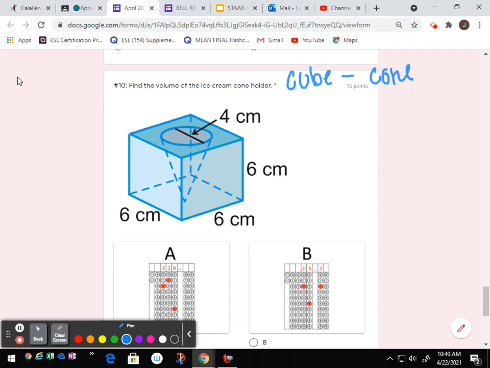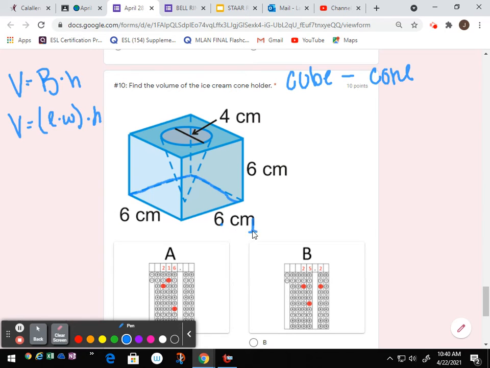So let's start off with finding the cube. Remember, the cube is the same thing as a rectangular prism. We have big B times H. Remember from the last one we said the area formula for a rectangle can also be used for a square. It's length times width, and we're going to multiply everything by the height. So when we look at this cube, they're all the same number.